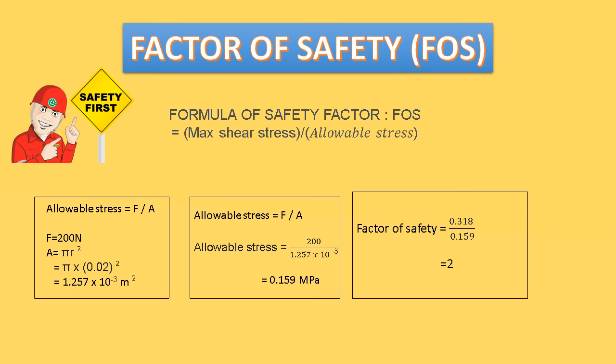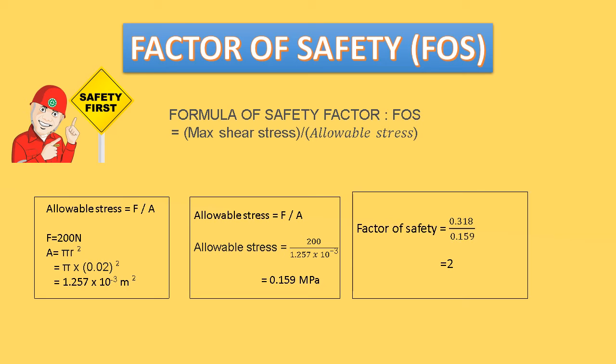We must first determine the allowable stress by using the formula F per A. As we know, our force in this project is equal to 200 Newton, and for the area, we use the formula pi times R squared, and we get the area equals 1.257 times 10 to the power of negative 3 meter squared. Substituting the force and the area, we get the allowable stress equals 0.159 megapascal.